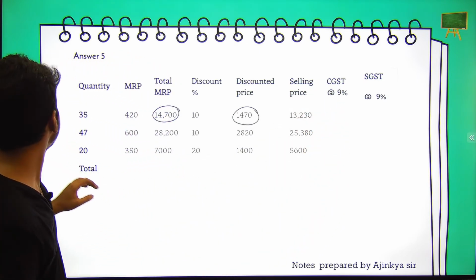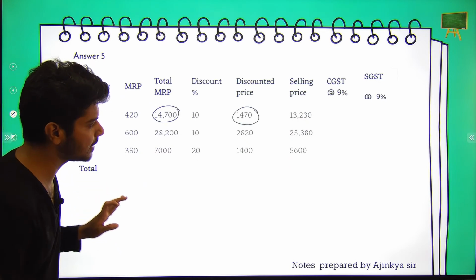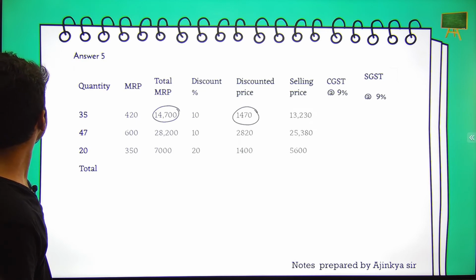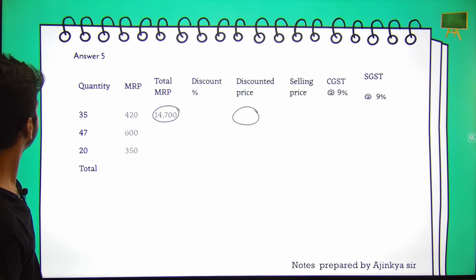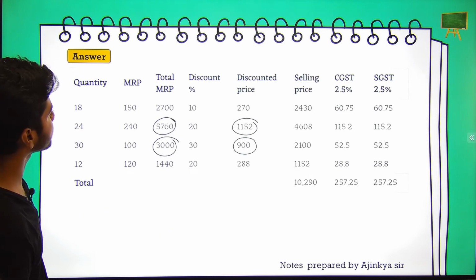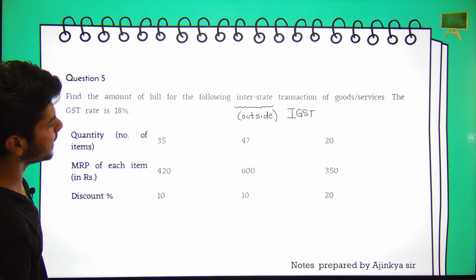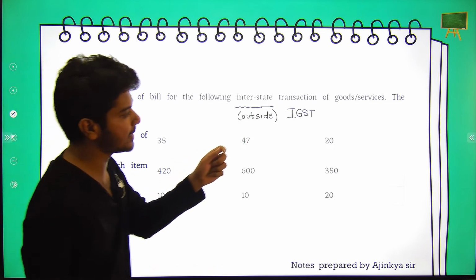What happened? Was this the interstate or intrastate sum? We'll check. Just a minute. I guess it was an interstate sum. It should come out to be IGST, not CGST, SGST.